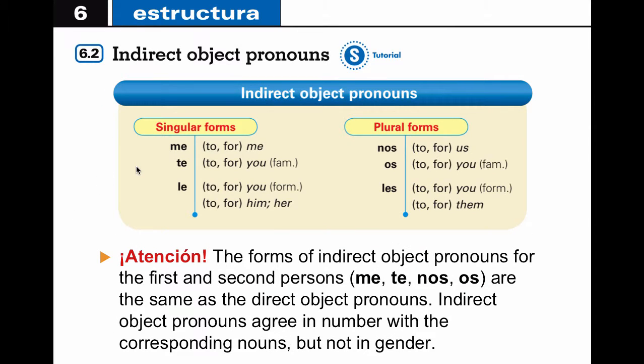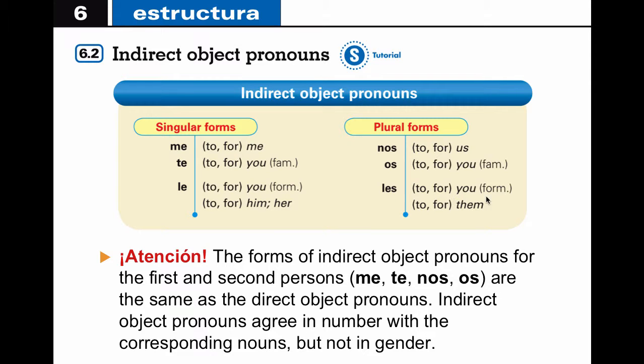All right, so these are our indirect object pronouns. And again, for our purposes here, we're going to omit the os or the vosotros form. So we do have me, to or for me; te, to or for you in the second person, familiar; le, to or for you in a formal sense, or to or for him or her in the third person; nos; and les.